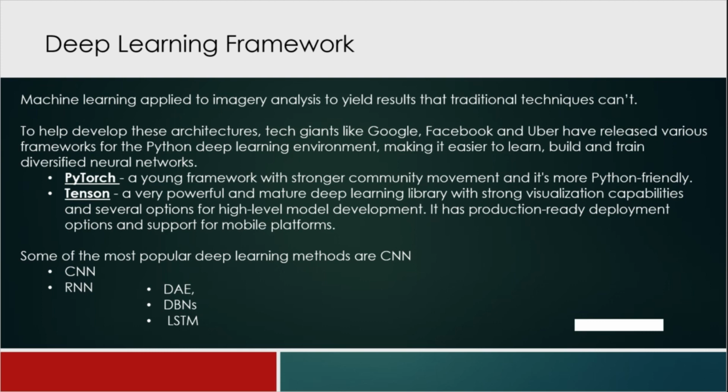Some examples are PyTorch, which is a young framework with a stronger community movement, and it's more Python friendly. TensorFlow, which is a very powerful and mature deep learning library with strong visualization capabilities and several options for high-level model development. It has production-ready deployment options and support for mobile platforms. And some of the most popular deep learning methods are CNN and then RNN, which are architectures called artificial neural networks.